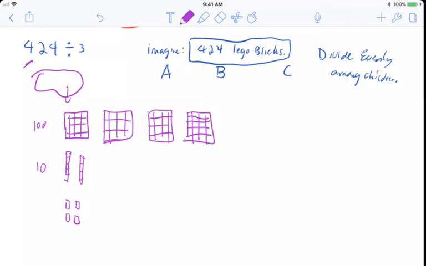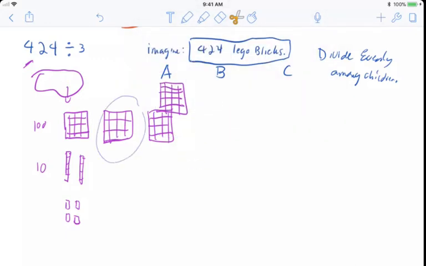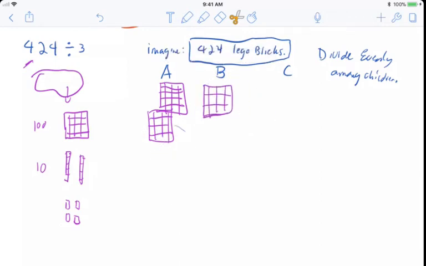So now the idea here is you're going to dole out, in the same way as we did before, one for you, one for you, one for you, each of these bricks. So this brick goes to you, and this brick goes to you, and this sheet of bricks goes to you.